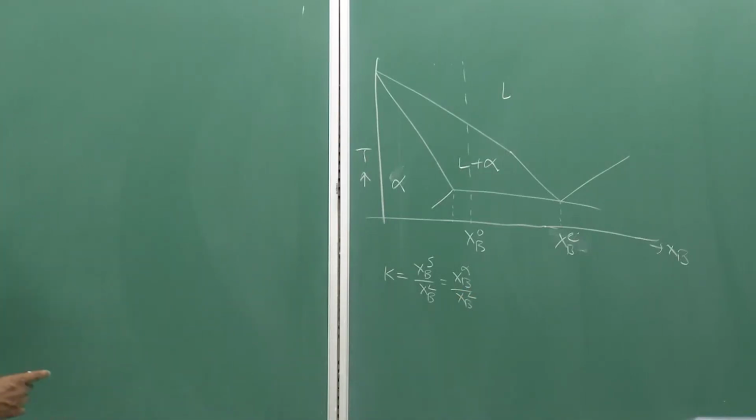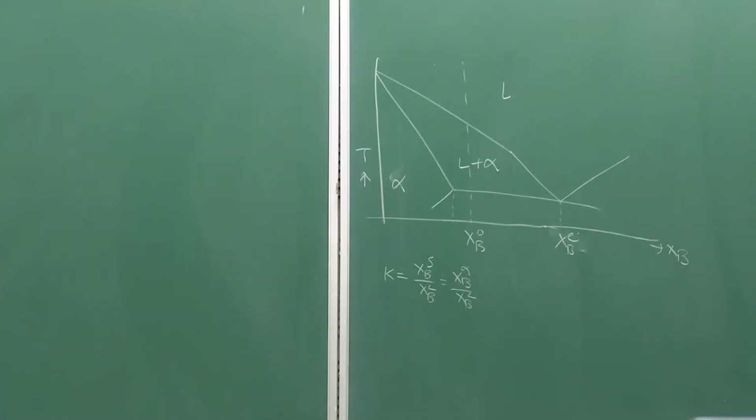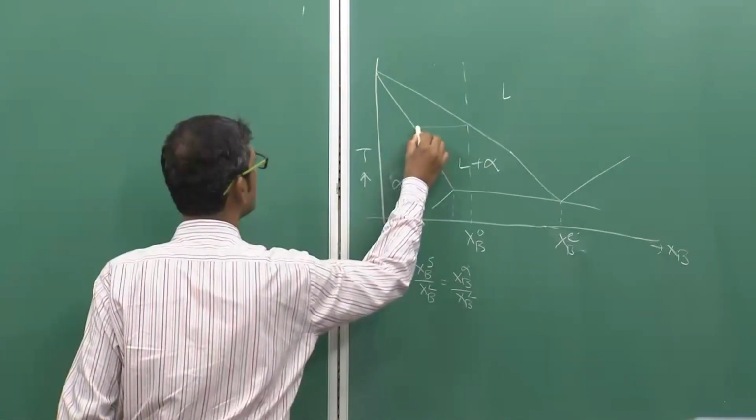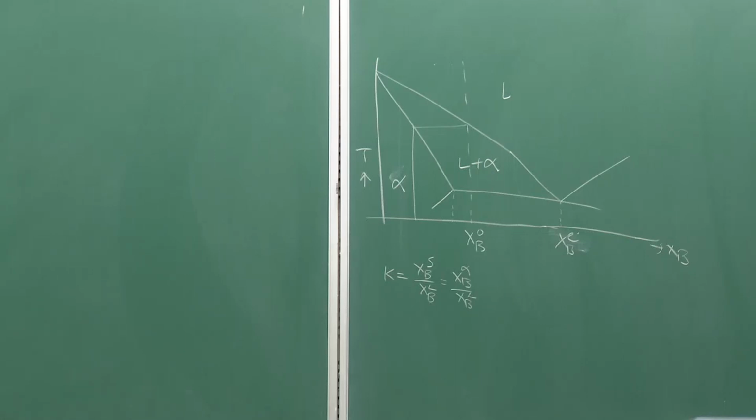In this phase diagram it is a fraction, always less than or equal to 1. The maximum value can be 0.99, but mostly it is a fraction. Now, the first solid which will form has a composition given by this, which I discussed in the last class. We will not go back again.